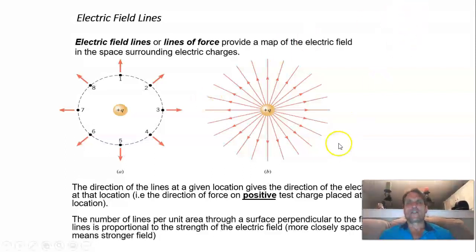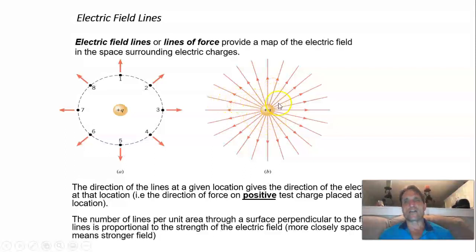Then we had introduced this concept of the electric field lines, right, where at every point in space you could draw the magnitude and the direction of the electric field, but that also gets pretty cumbersome. And so we got into this concept of electric field lines where the spacing between the lines is proportional to the field strength, right?